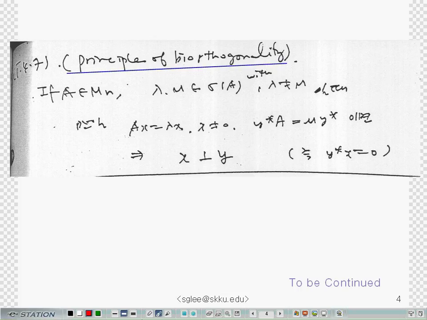This is one main theorem on those two eigenvectors: the principle of bi-orthogonality.